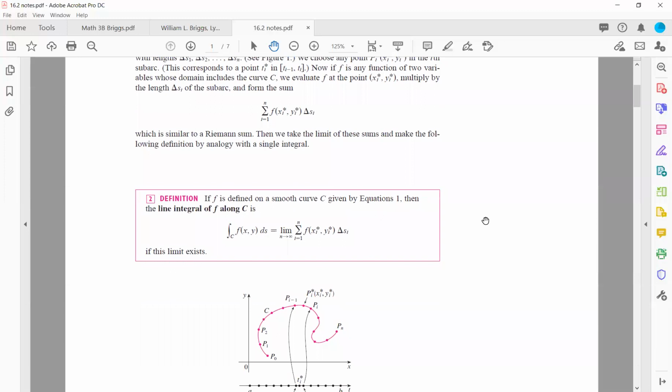So here you have sub-arcs. This is your curve itself, and when n is very large, these little sub-arcs are actually just line segments.